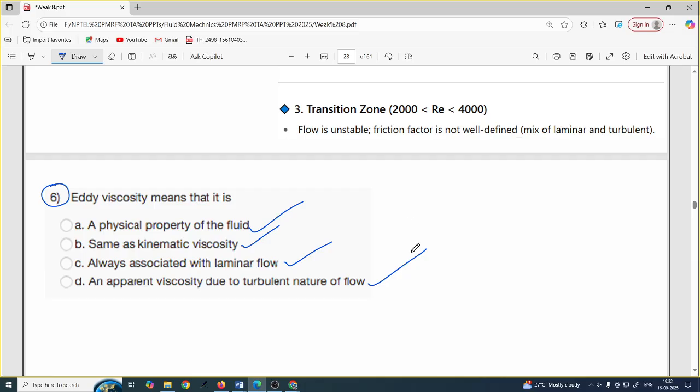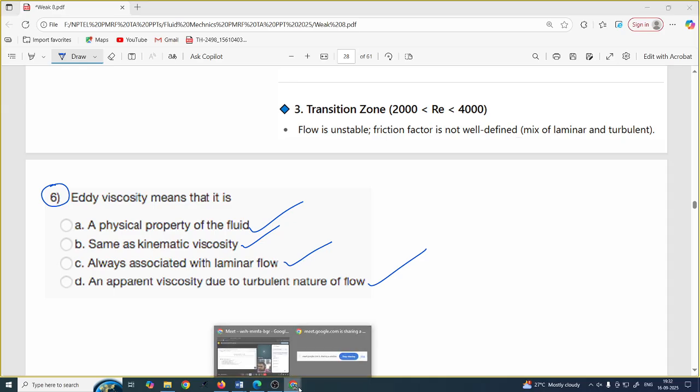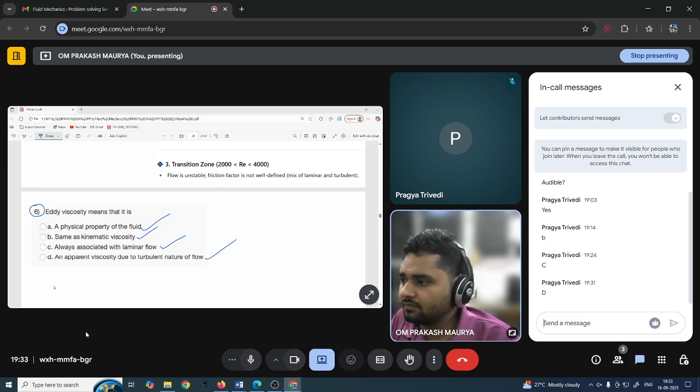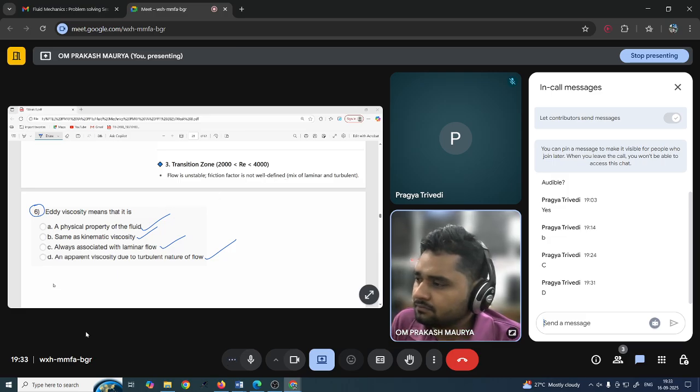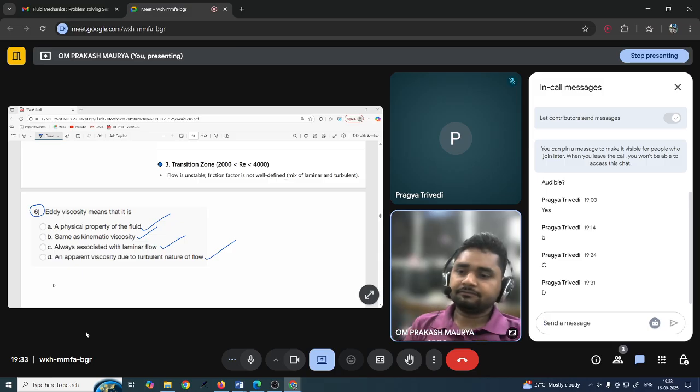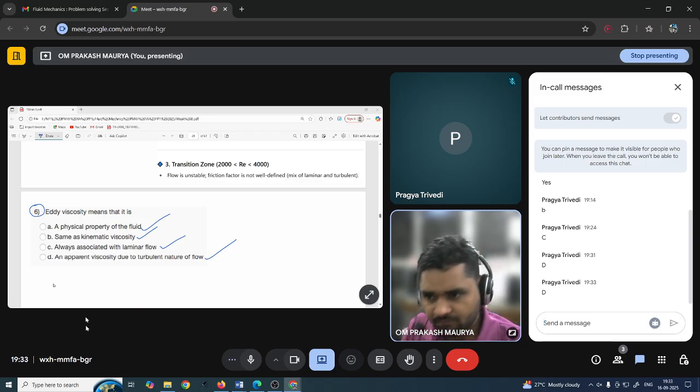Which one will be the correct? Again you are telling option D, an apparent viscosity due to the turbulent nature of the flow. Yes, you are correct.